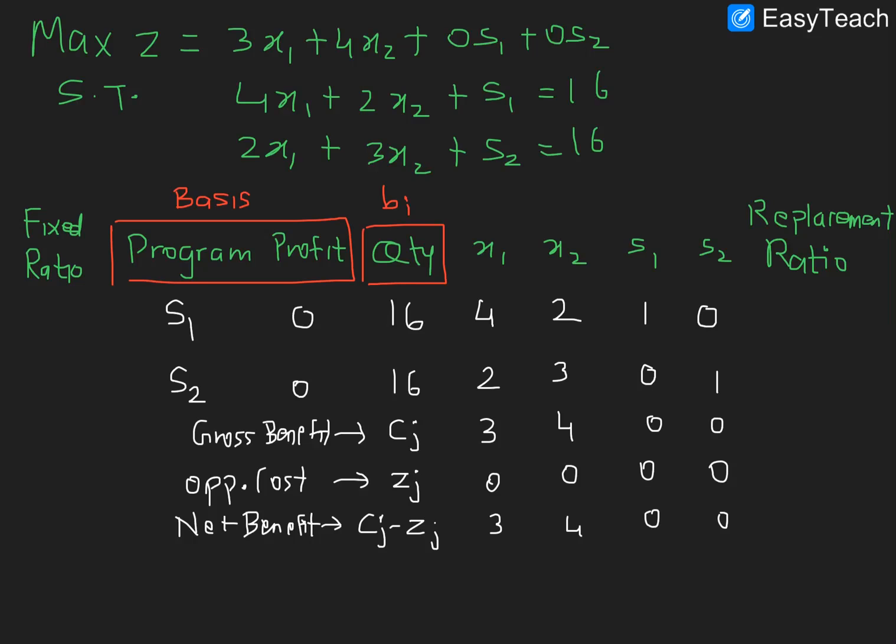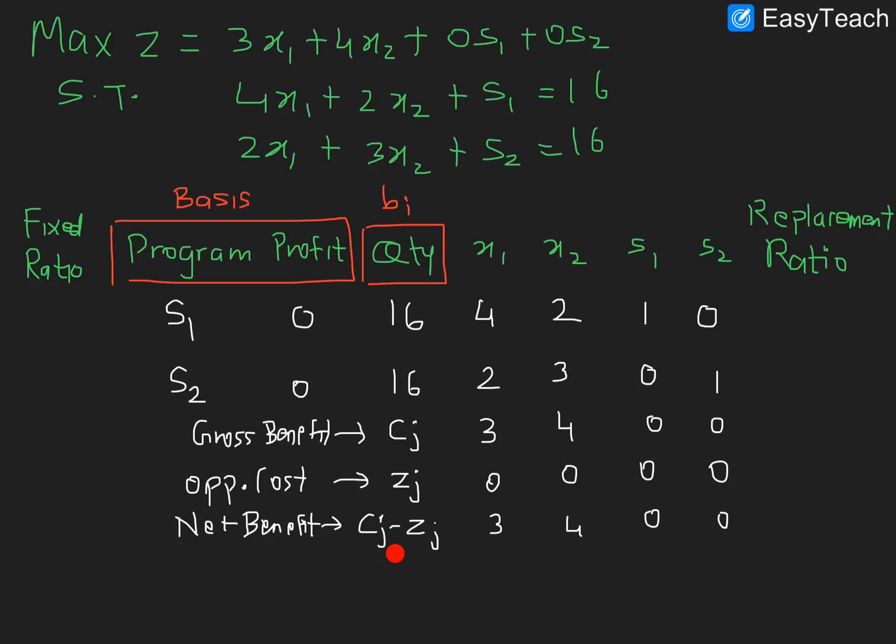Now talking of this S1 and S2, you observe that the net benefit in S1 and S2 is 0. That is, currently, if you want to keep any of the resources idle, you don't have any cost with regards to it, or any profit also with that.